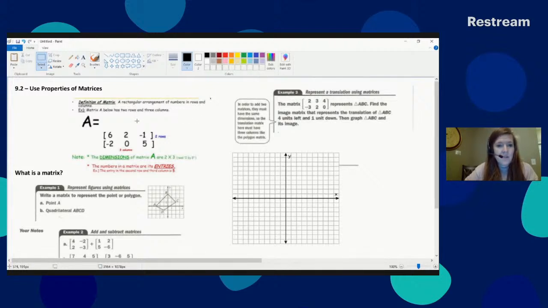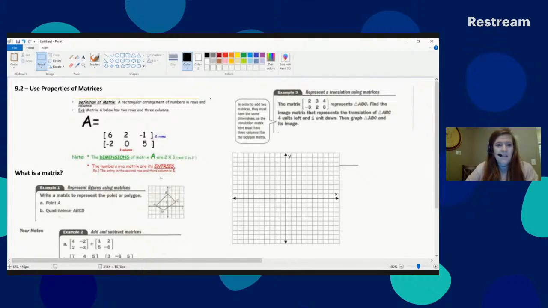Basically, a matrix is a way to store a lot of data. In what we're going to do, we're going to use pretty small matrices, but really the purpose of a matrix in higher level math is that we can put a lot of information into a matrix, and that can help us solve higher order problems and problems that have a lot of data.